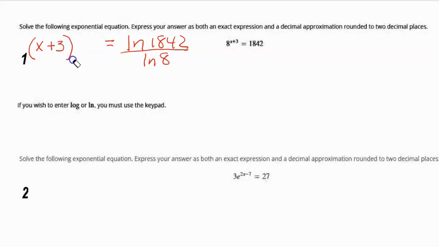This is a 1. I can take away the parentheses. What do I do now? Well, I just take my positive 3, transpose it to this side as a negative 3. This would be the exact answer.